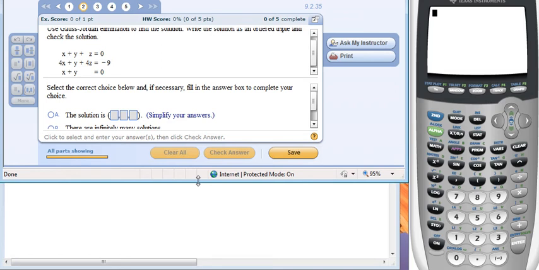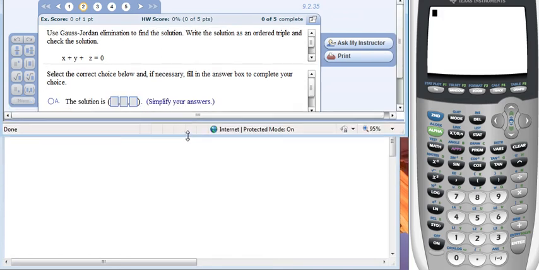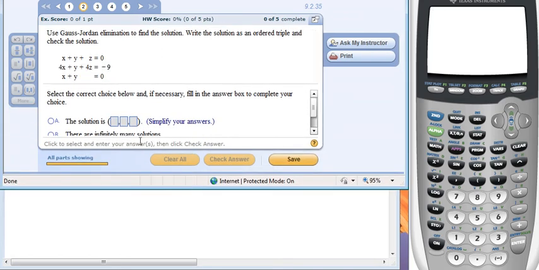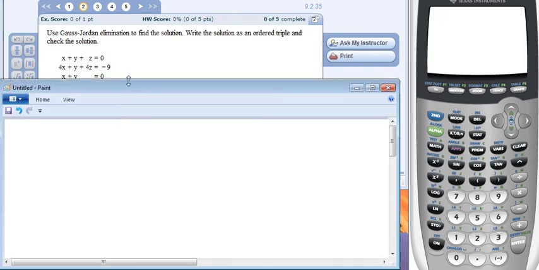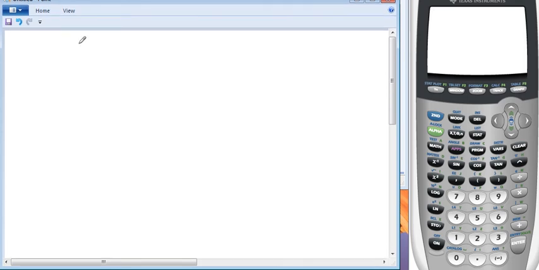All right, so I'm going to take the 1, 1, 1, 0, 4, 1, 4, -9, 1, 1, 0, 0. There's a 0z here, so we're going to have to put that 0 in there. Let's put our matrices together here with just the coefficients.